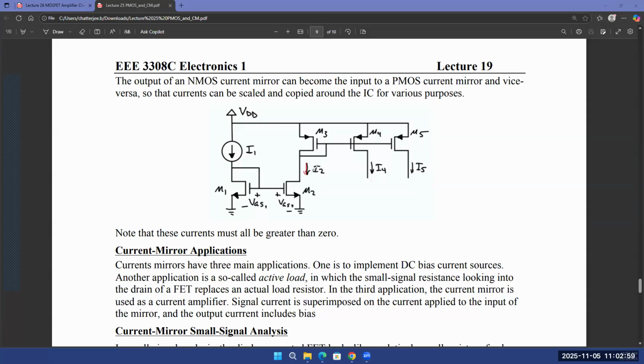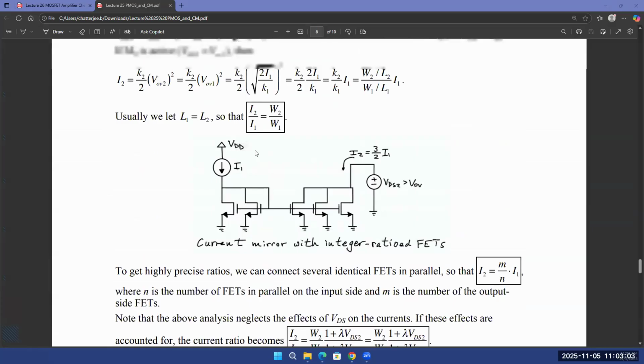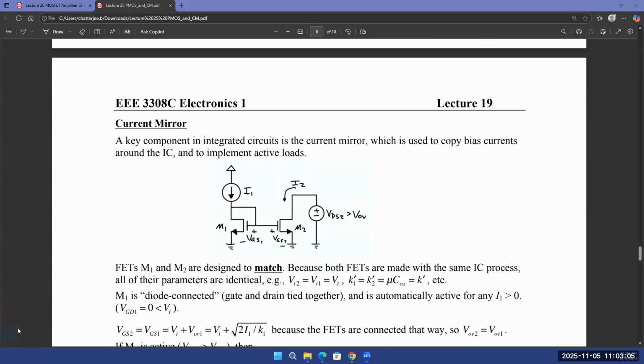So if we go back to the previous one, that's a very good question. Let's think through that one time. What this says is that the current of this structure is going to be determined by this current, and wherever this current goes in, let's say you have 2 transistors in parallel or 3 transistors in series, accordingly that will go in here.